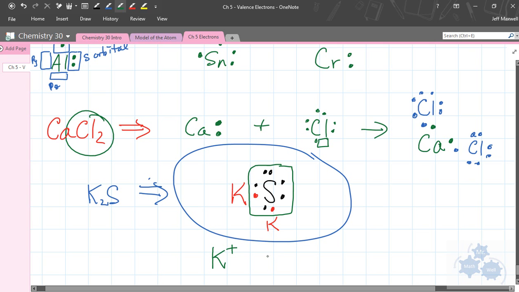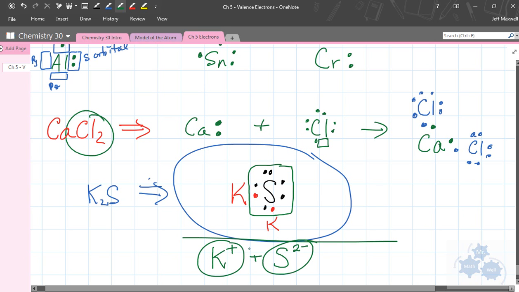And then the S, when we're talking about ions, has a 2 negative charge because it likes to pick up 2 electrons. Really, we don't show the ions so much as we show just the valence electrons in bonding. So these are kind of different if you think about it, because this has a full octet and this has a full octet, and you'd think, why do they get together?